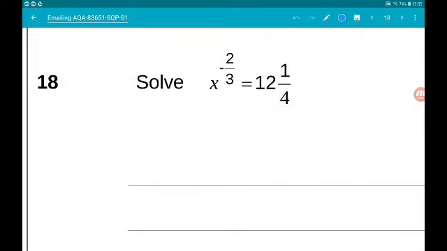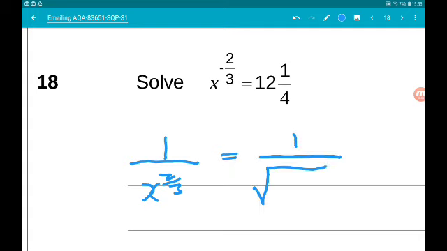Okay, question 18. We want to solve x to the minus 2/3 is equal to 12 1/4. Right, so x to the minus 2/3 means 1 over x to the 2/3. Now if you like, that means 1 over the cube root of x squared.